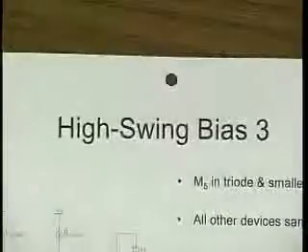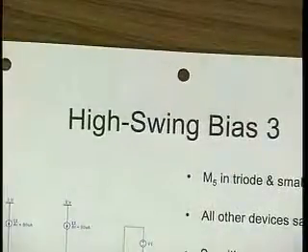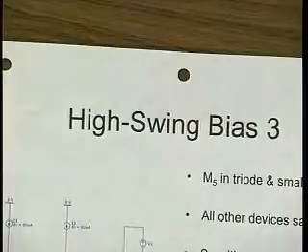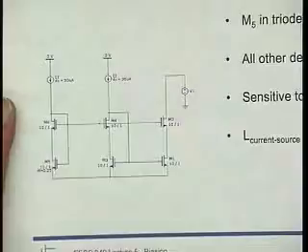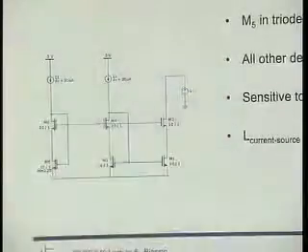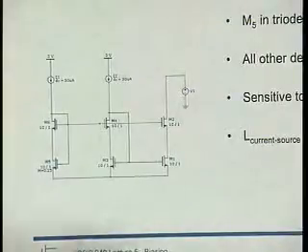Now, this circuit is a little bit fancier, and ultimately, not in this version, but ultimately we will find a way of extending it so that we can use different channel lengths in the cascode and in the mirror transistor. Okay, so how does it work?